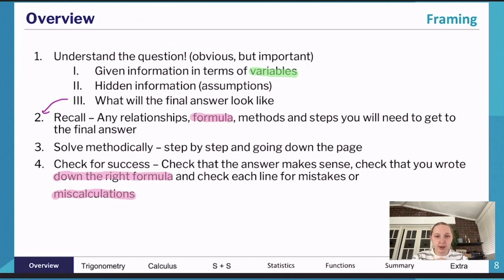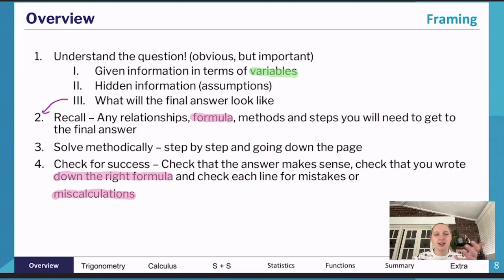A lot of people don't check, they feel confident with their answer and then they never go back and look at it. But they've accidentally written down a plus instead of a minus, and then all of a sudden everything after that line of working is wrong. So going back and checking for those little things can be so good in helping you get those extra marks. So make sure you do that, and look for those slight miscalculations.